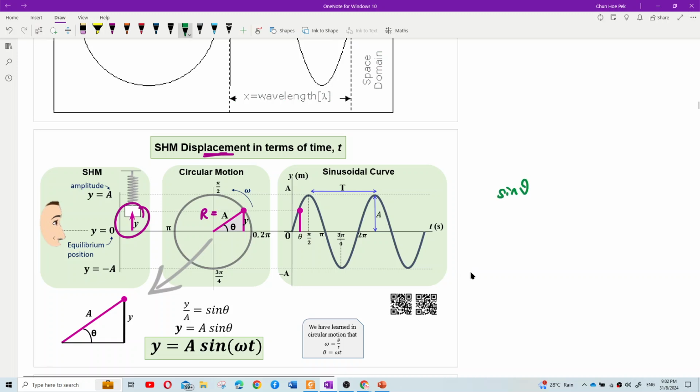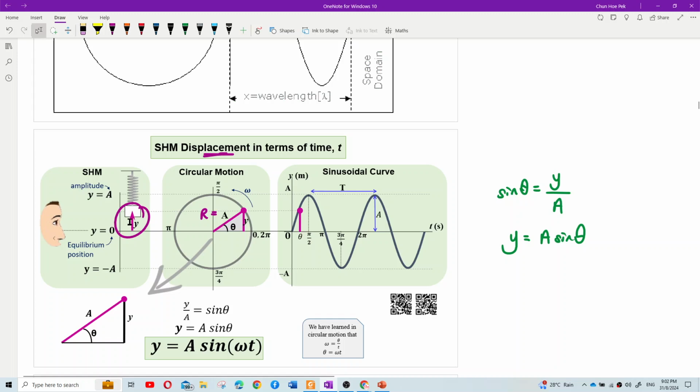Sin theta ialah apa, kelas? Opposite over hypotenuse kan? So, dia adalah y bahagi A. So, nak cari y ialah A sin theta.